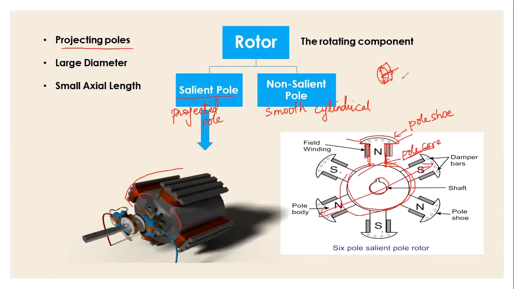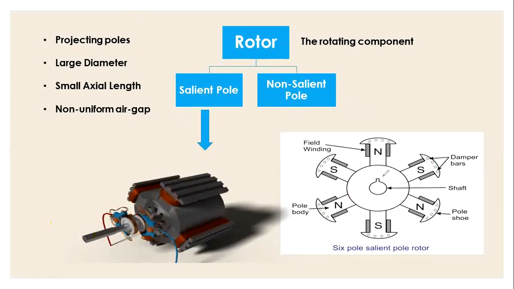So they have small axial length and large diameters. And they have a non-uniform air gap. If you observe here, see the air gap. What is the air gap? It is the gap between the stator and the rotor. Above this we are going to have the stator. And if you see here, the gap from the center of the pole will be minimum.